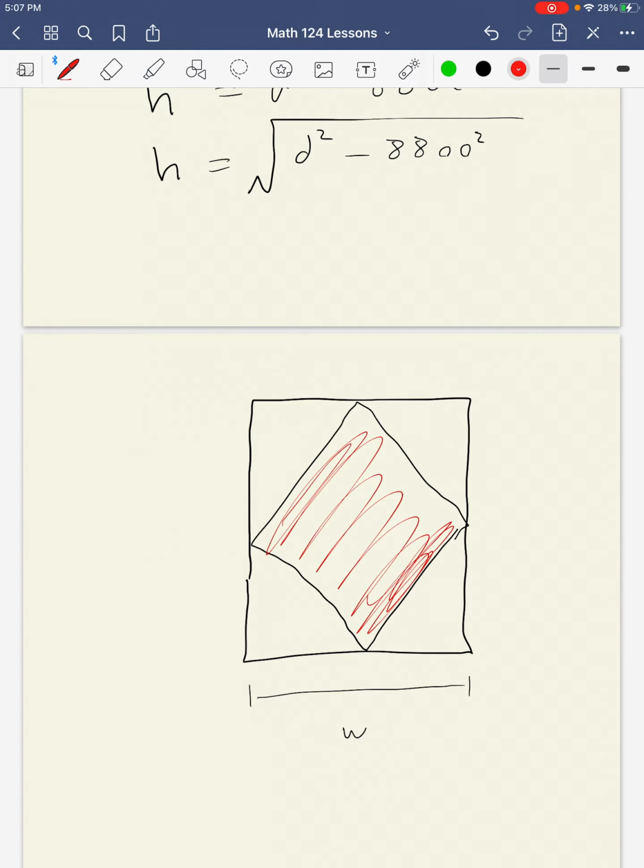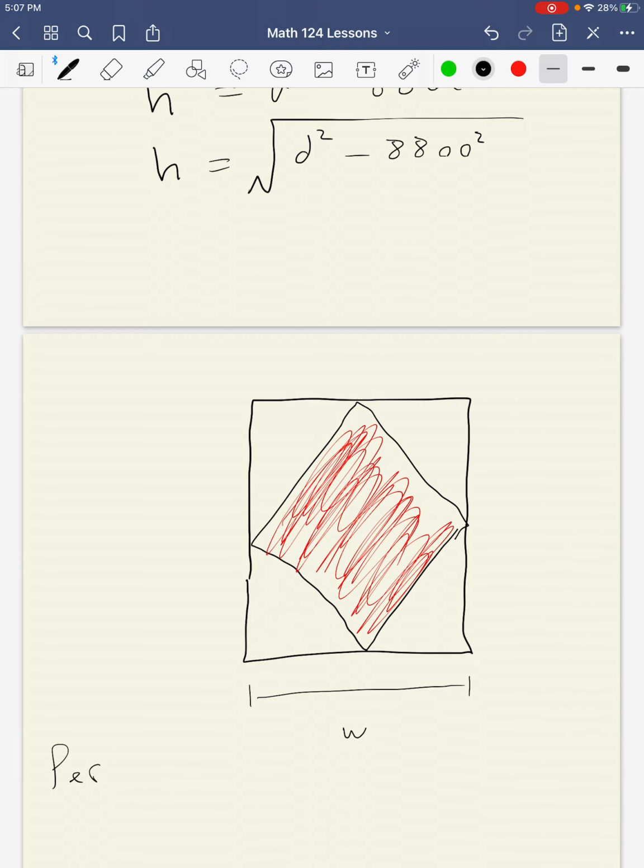Okay, so we want to find the area of this shape. It's a rhombus. Okay, and we're given some information here. We're given the perimeter of the rectangle is 40.